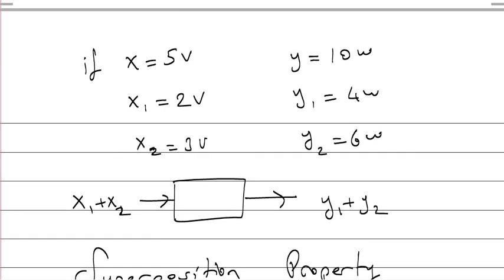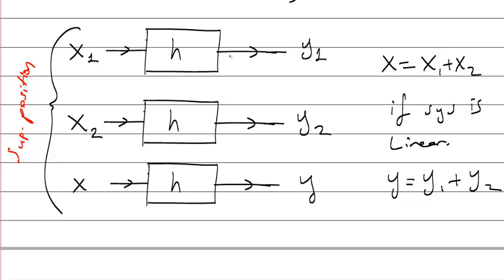These are individual inputs, X1 and X2. I apply them individually, I get individual outputs. I get 2 outputs. If I add these 2 inputs, the summation is X, and if I apply X as 1 input, the output of X should be equal to the responses of X1 and X2, which are Y1 and Y2.